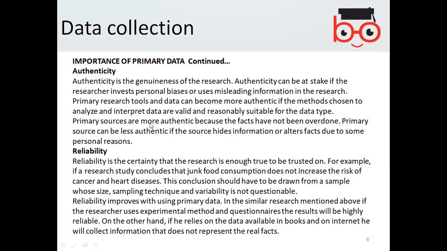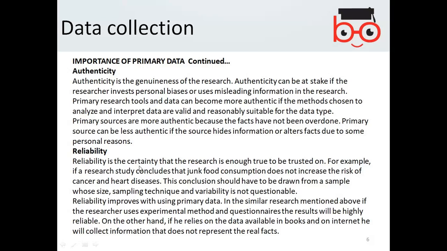Primary sources are more authentic because the facts have not been overdone. Primary sources can be less authentic if the source hides information or alters facts due to some personal reason. So overall, primary data is more authentic than secondary data, because its advantage is that the researcher is dealing directly with the actual facts about a particular domain of research.